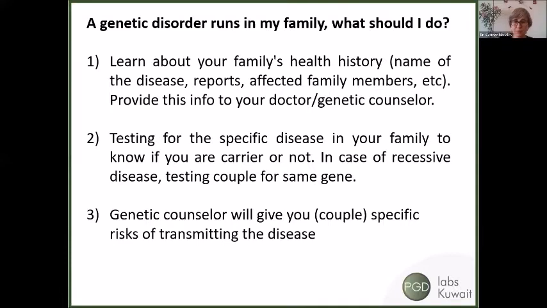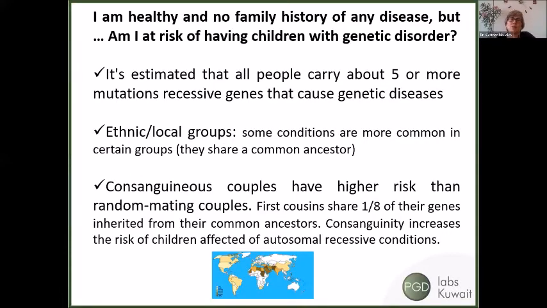But what happens if I am completely healthy and there is no family history of any genetic disease that I'm aware of? I'm still at risk of transmitting a genetic disorder to my offspring, to my children.